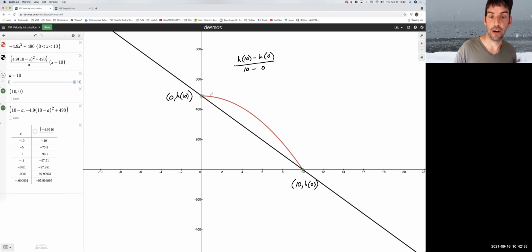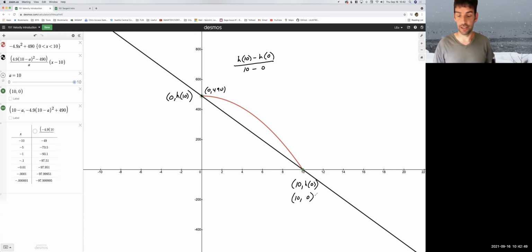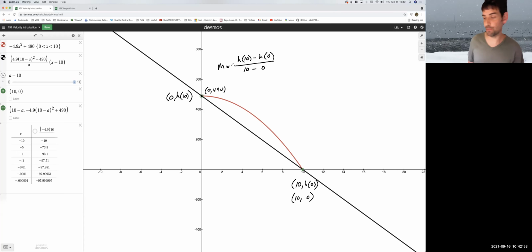And that's exactly what this point right here is. This is the point 0, 490, which is h of 10. And this is the point 10, 0, which is h of 0. And so that average speed we computed is the slope of the line connecting those 2 points on the graph.